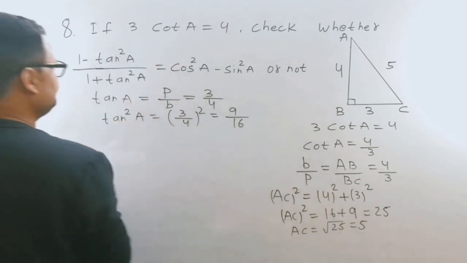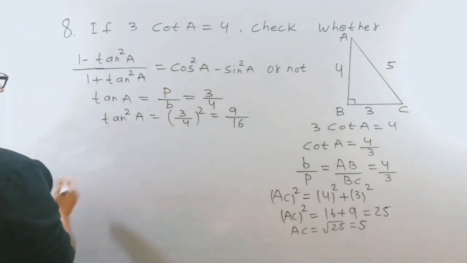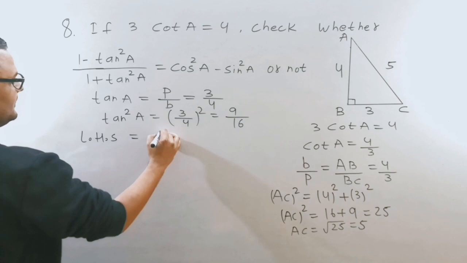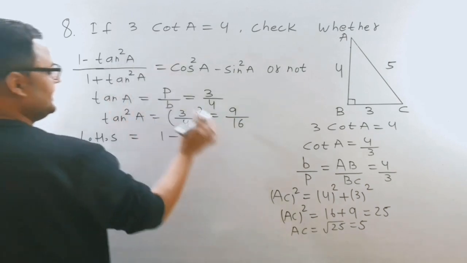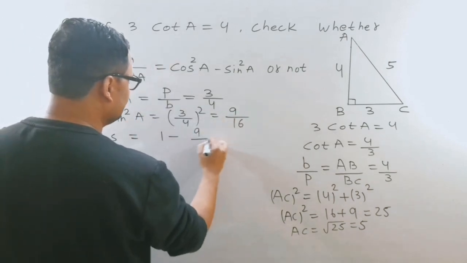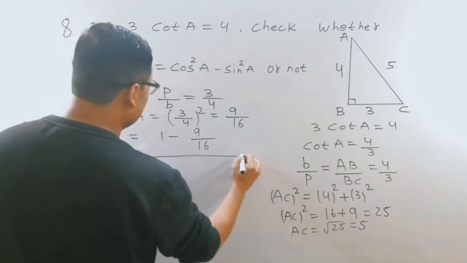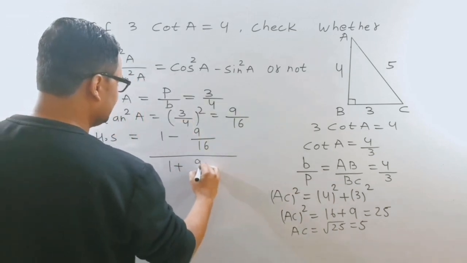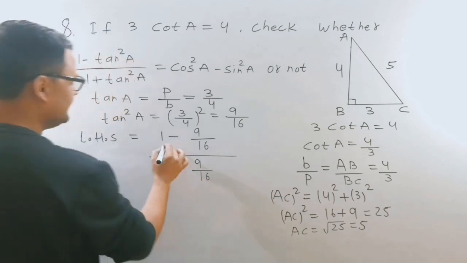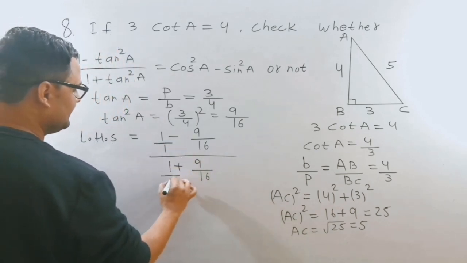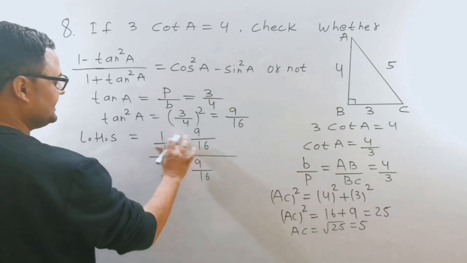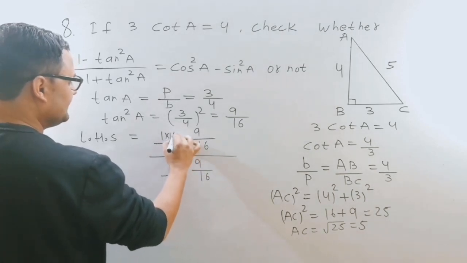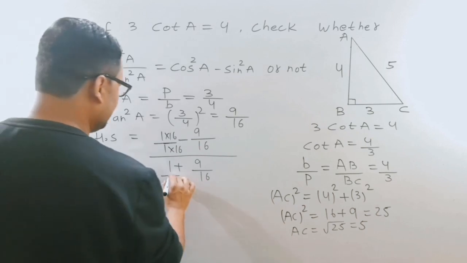Now, LHS is 1 minus tan square A, that is 1 minus 9 by 16, divided by 1 plus tan square A, that is 1 plus 9 by 16. Writing 1 as 1 by 1, the LCM is 16, so into 16 and into 16 again.